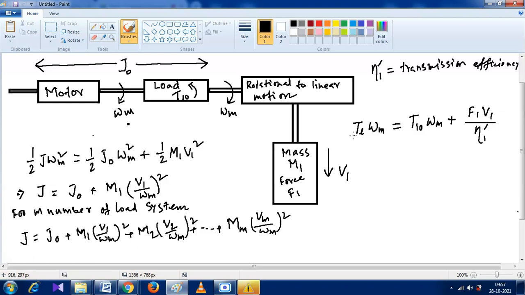By simplifying that, what we get: TL is equal to TL0 plus F1 by eta 1 dash into V1 by omega m. This is the formula.